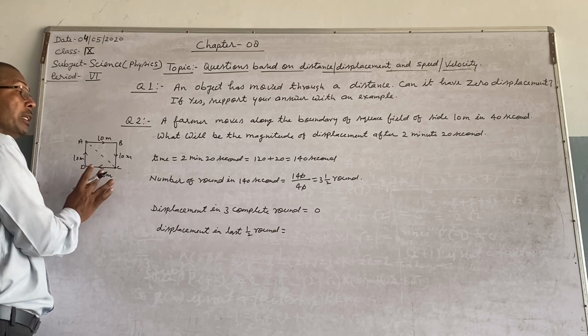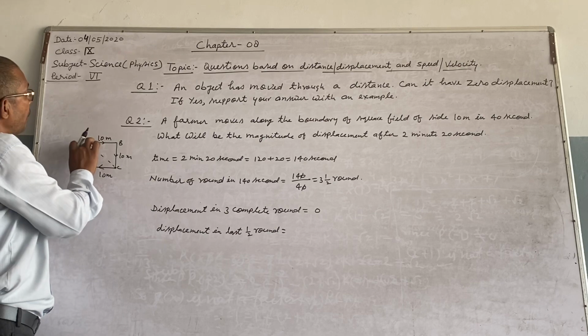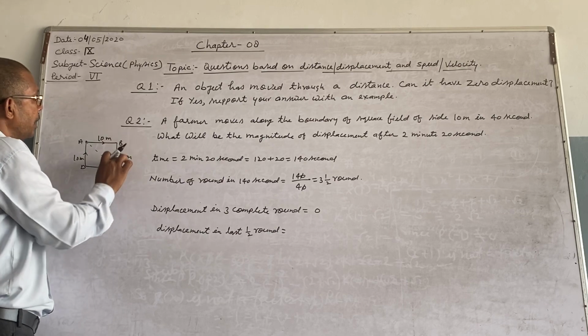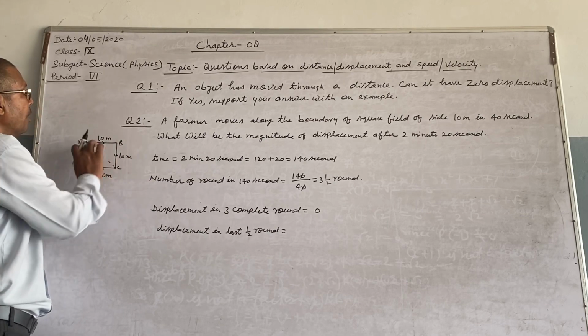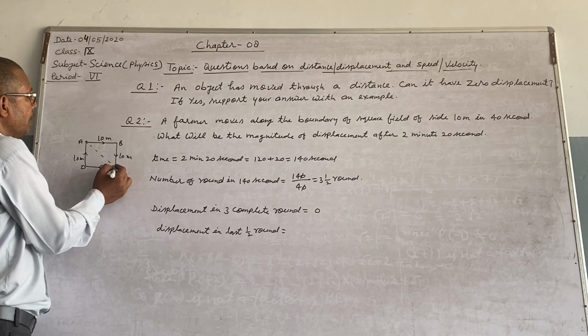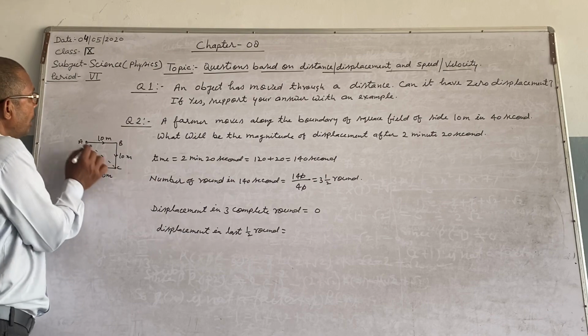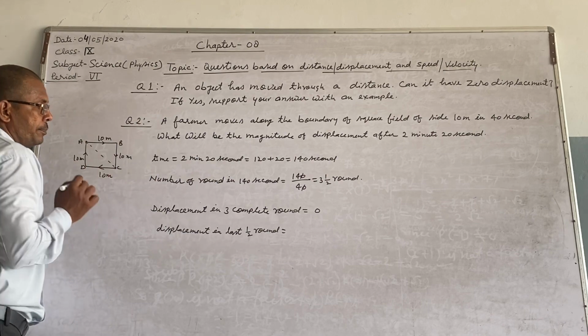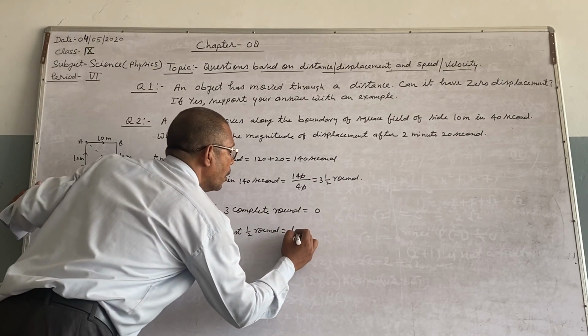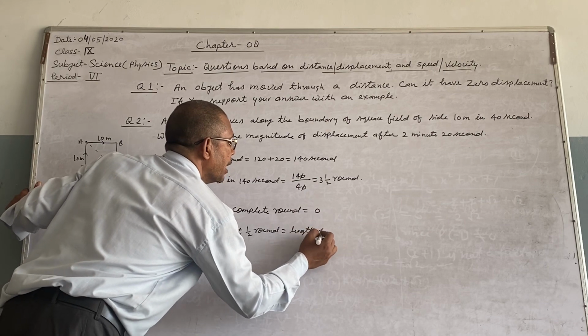After completing 3 rounds, again this farmer moves from A to B and then B to C, half round. So here this is the final position C and initial position A. So length of AC.